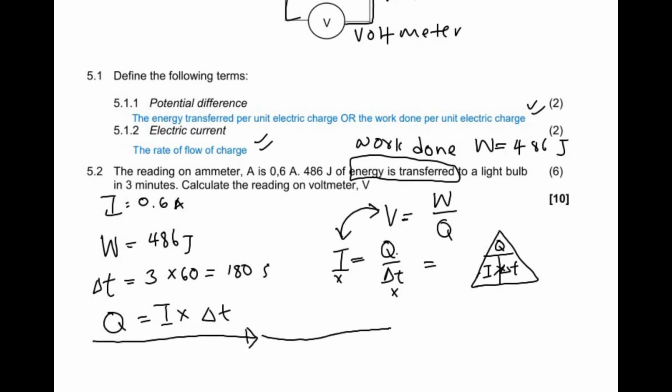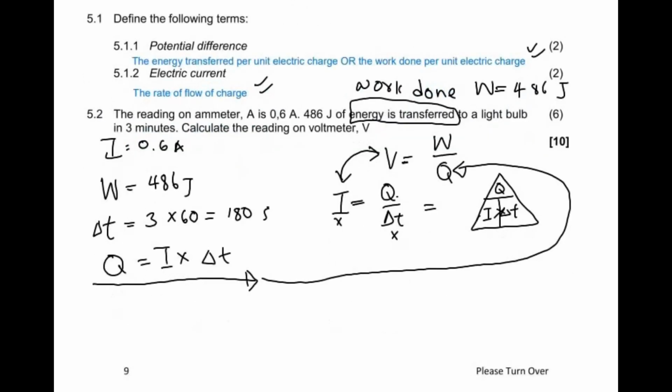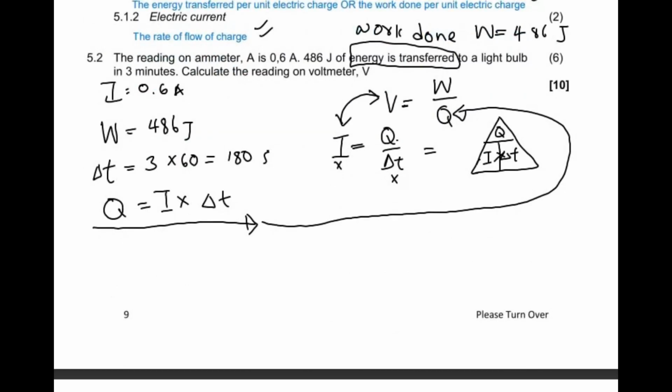I can essentially take this value and substitute it there for Q. Or somebody might decide to first calculate it. I won't do it, and only plug in the value after. So V equals W divided by Q, but we said Q equals the current multiplied by the change in time. We have all of these values: the work done W, the current I, as well as the change in time.